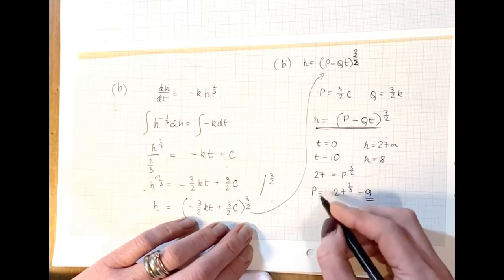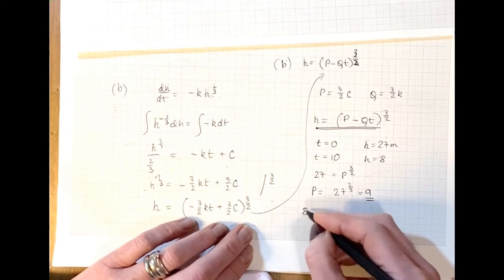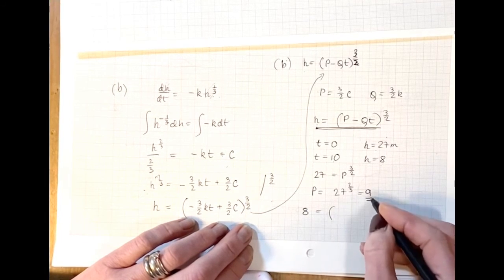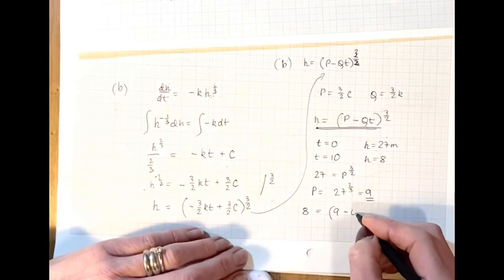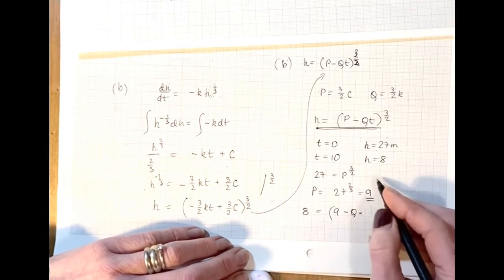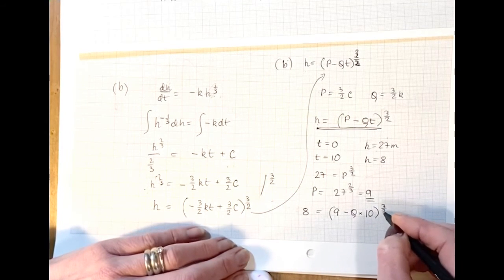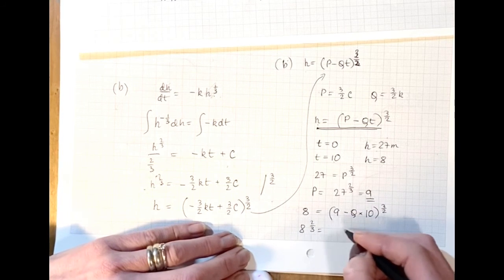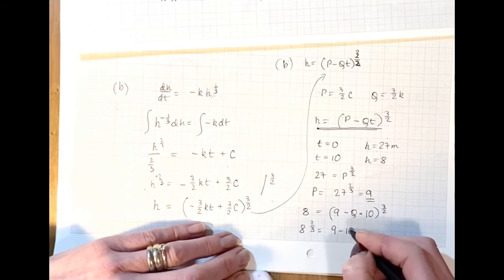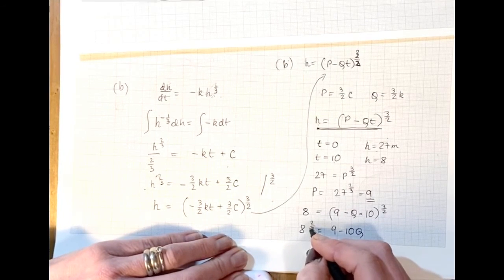And let's use the second piece of information. So at t equals 10, h is 8. So 8 is equal, now p is already 9, so that's 9 minus q times 10, all to the power of 3 over 2. So 8 to the power of 2/3 is equal to 9 minus 10q. So 8 to the power of 2/3 is 4.